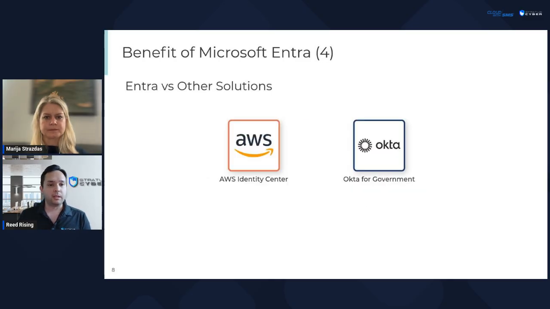Now let's talk about the benefit of Microsoft Entra over other solutions, particularly AWS Identity Center and Okta for Government. First off, the reason we want to go with Entra over AWS Identity Center is because AWS Identity Center is natively only able to comply with FedRAMP Moderate, not FedRAMP High, as it doesn't meet the AAL3 standard. AWS Identity Center does allow you to use a phishing-resistant MFA tool.